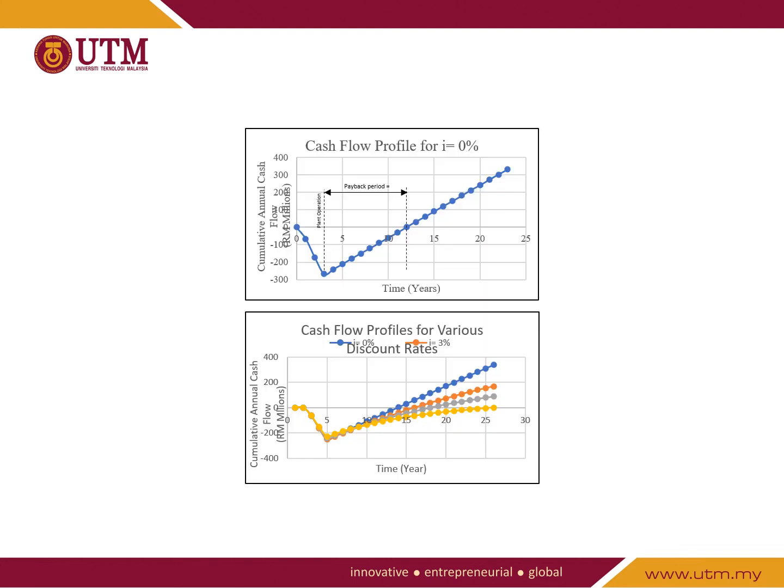Here, we have our cash flow profile for the undiscounted cash flow analysis, where the payback period is about 8 years, and also the cash flow profiles for various discount rates, where when the rate is 8.42% by year 20, in this case 23, the cumulative annual cash flow will start to approach 0, where the NPV is equivalent to 0.